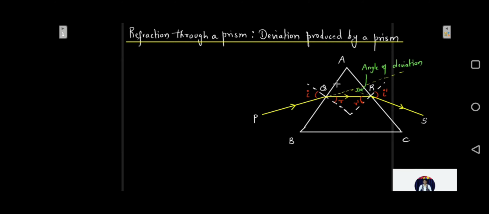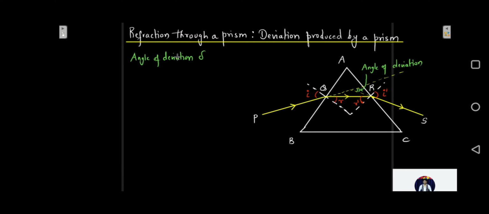How much it is bent, by what angle, is the angle of deviation. That is what is marked over here. It is an important quantity, angle of deviation, which is denoted by delta.